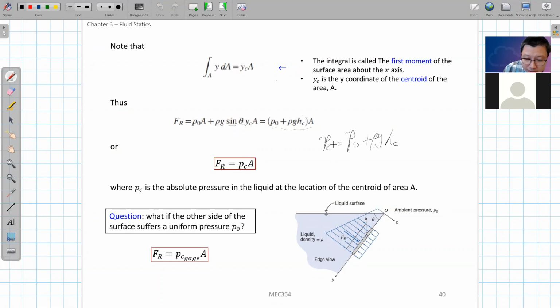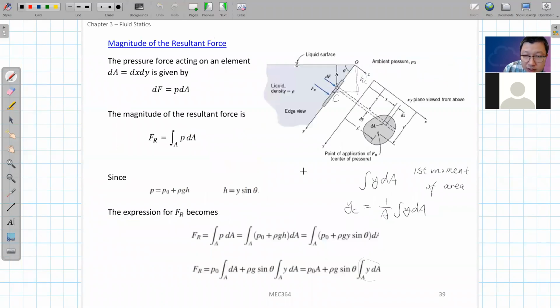This case is only valid when we assume that there is no pressure force on the other side. When we calculated it, we were only thinking about the pressure force on the left side. On the right side of the plate, we didn't assume any pressure.